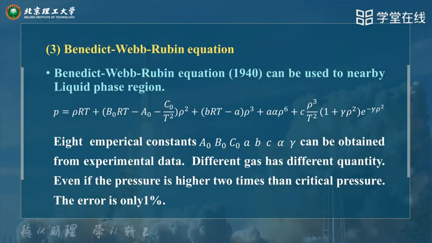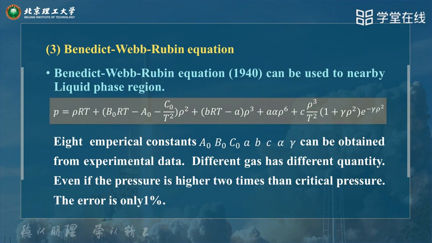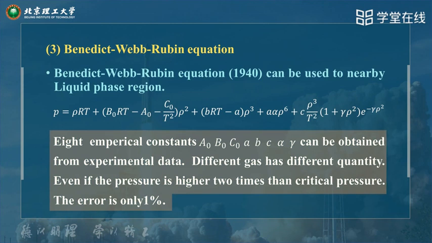The third one is the Benedict-Webb-Rubin equation. It can be used for the region nearby the liquid phase. This equation is very long, with many terms. 8 empirical constants A0, B0, C0, A, B, C, alpha, gamma can be obtained from experimental data.